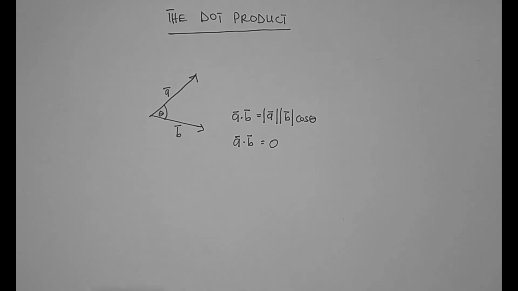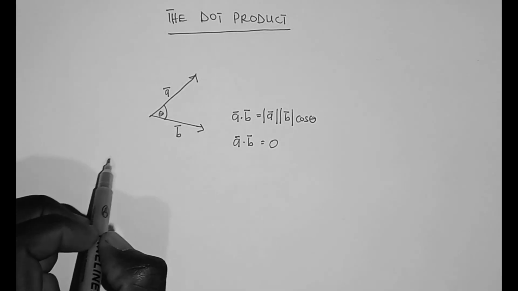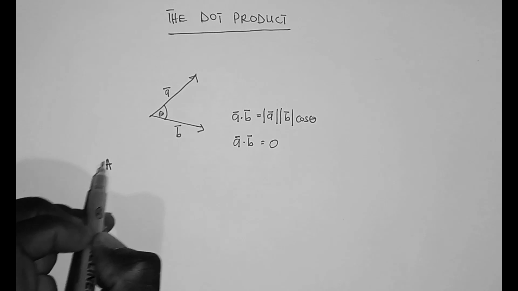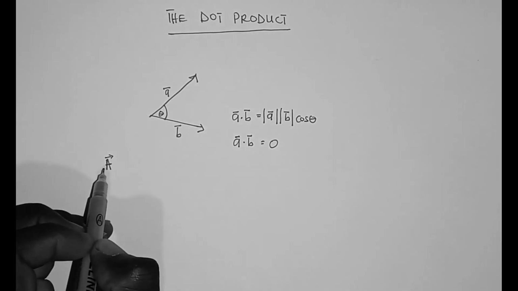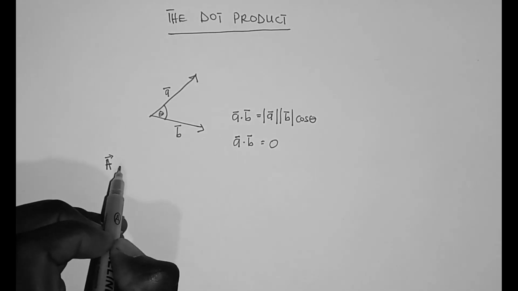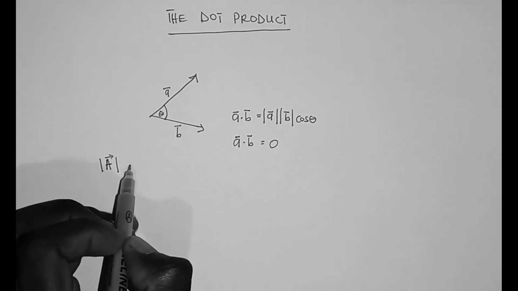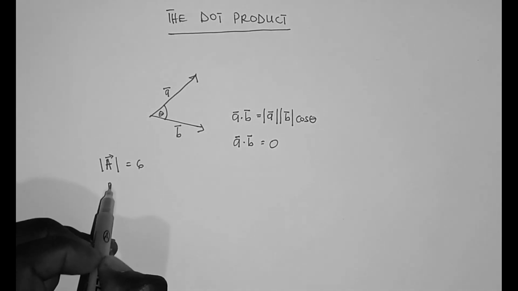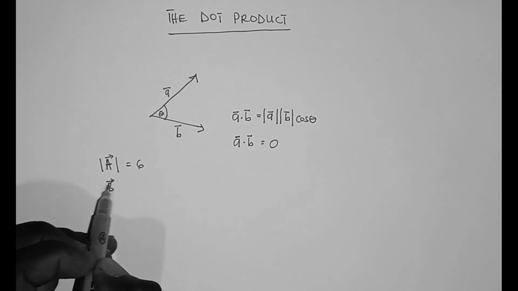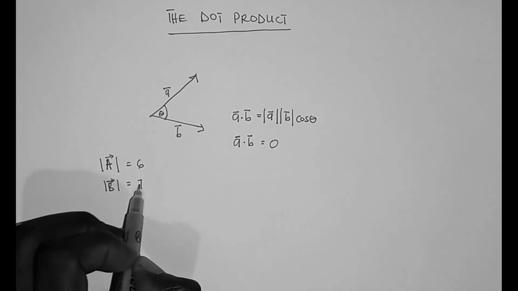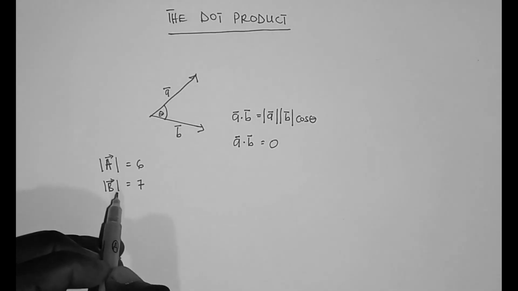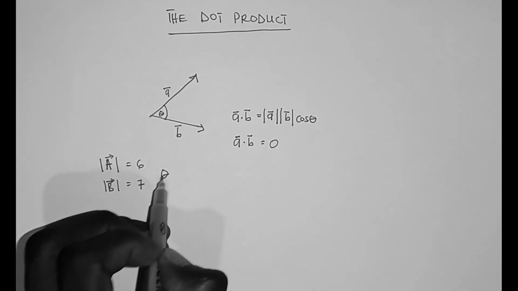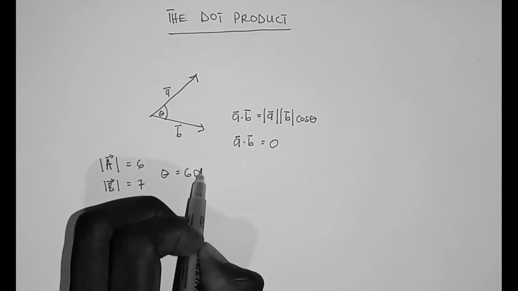What is the dot product of, let's say we have a vector A that has magnitude of vector A is equal to 6, and we also have another vector B that has magnitude of 7, and then the angle between vector A and vector B is 60 degrees.